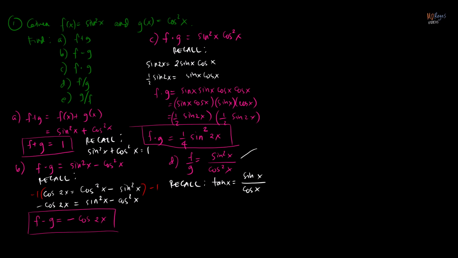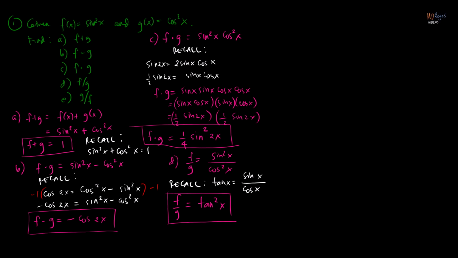But then this is squared, so we have to square tangent x and also the right side of the identity. So going back to f over g, it is equal to tangent squared x, upon squaring both sides of this identity.